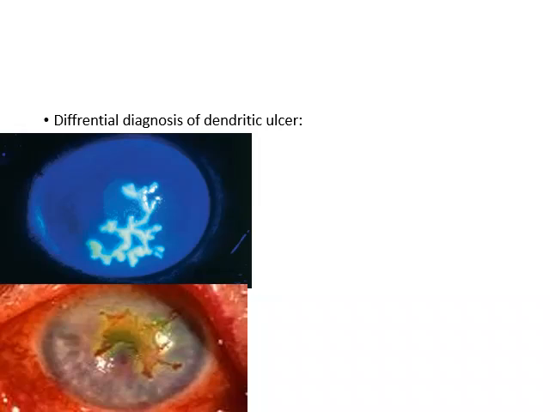The treatment will be an antiviral agent, for example, acyclovir 3% eye ointment 5 times per day for 2 weeks, and we can use a cycloplegic agent, atropine, in such a condition. And the steroid, as I mentioned, is absolutely contraindicated in this condition.